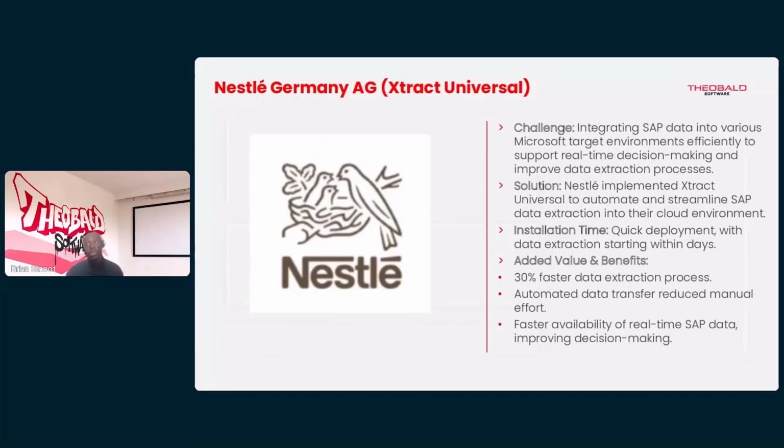We were able to install this into their cloud within days, if that makes sense. It wasn't a long process to install the solution at all. Once the solution was installed, it resulted in a 30% faster data extraction process for them, which then reduced their manual effort and gave them quicker access to real-time data for, again, better decision making, which was their goal. This is for our Extract Universal tool.